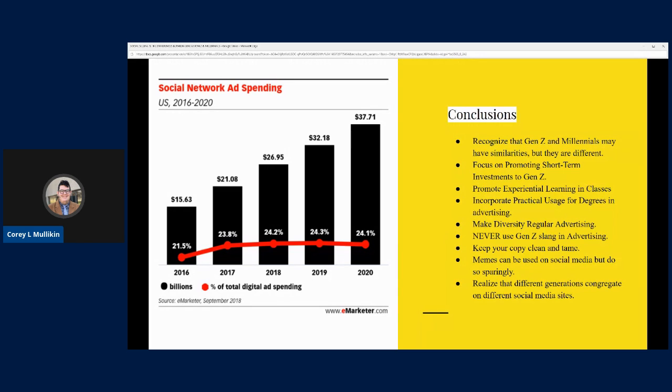And I also want to address what you might say could be the elephant in the room, which is there's two social media sites that are very, very popular I didn't talk about. And that is TikTok and that is Reddit. These two are very unique. Reddit has a wide age group.